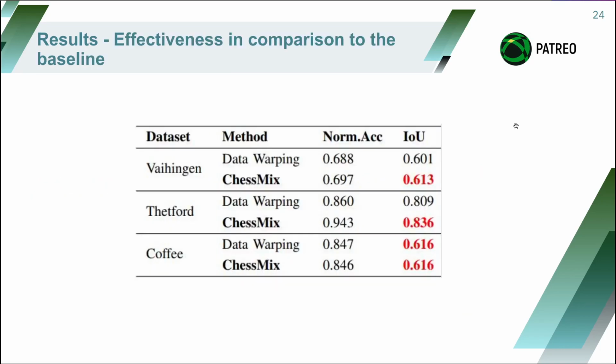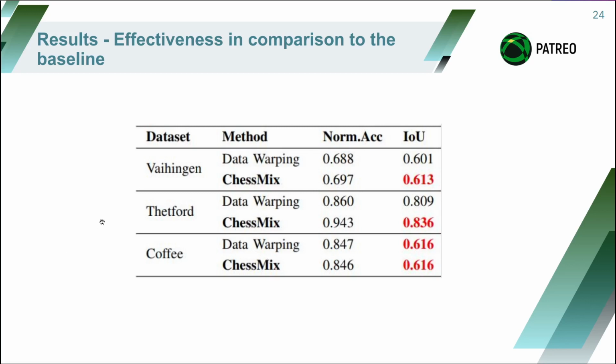So here are the results in terms of normalized accuracy and intersection over union. First of all, looking at the copy dataset here, we can see that both methods achieve pretty much the same value. For this case, it is understandable because this dataset only contains two classes, and there's a lot of intra-class variance, so it is difficult to perform segmentation on it, even using complex data augmentation methods.